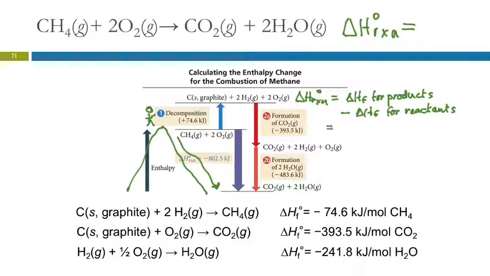So for our products, we've got carbon dioxide and we have 2 waters. So we need the heat of formation for carbon dioxide, minus 393.5, and to save space, I'm going to leave the units off. And then we have 2 water molecules.